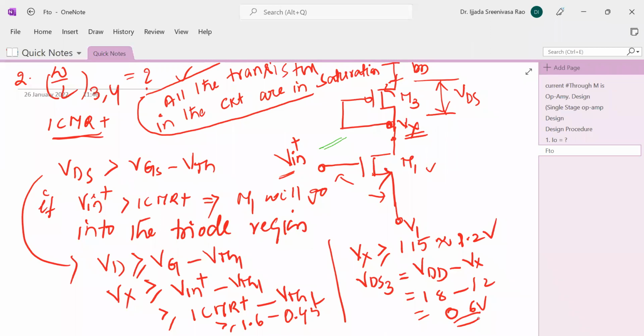And one more thing: how much current is flowing through the M3 and M1 transistors? Half of I naught, am I correct? So the current flowing in this branch is I naught by 2.